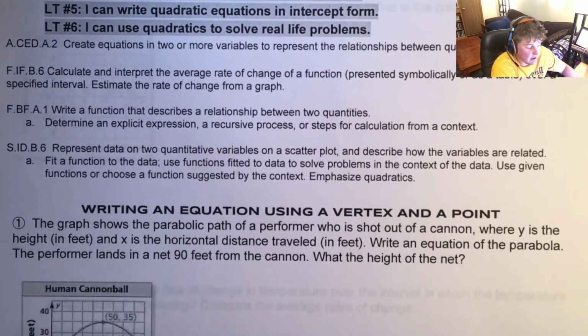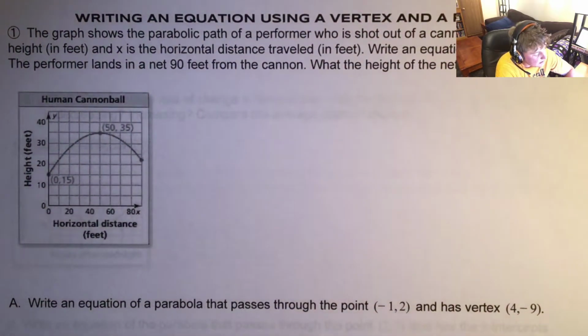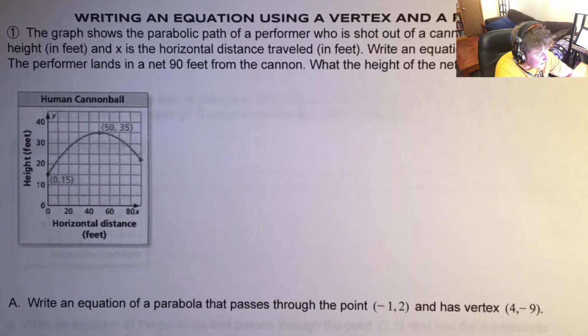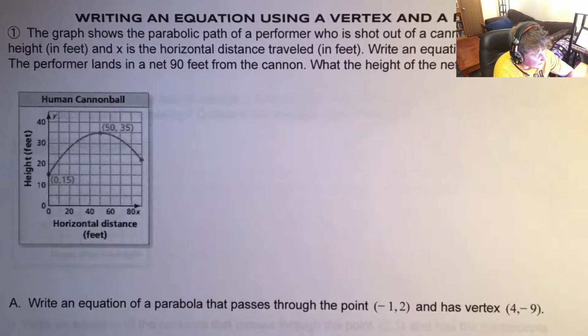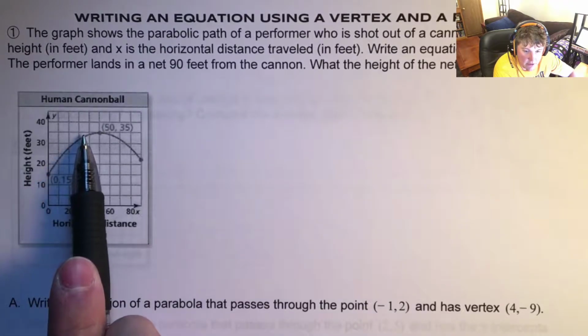Okay, so let's go ahead and look at the first example, and just dive into it. We're going to write an equation using a point and a vertex. We have a random point, as well as the vertex. The graph shows the parabolic path of a performer who's being shot out of a cannon. So this person's here in our cannon, being shot out.